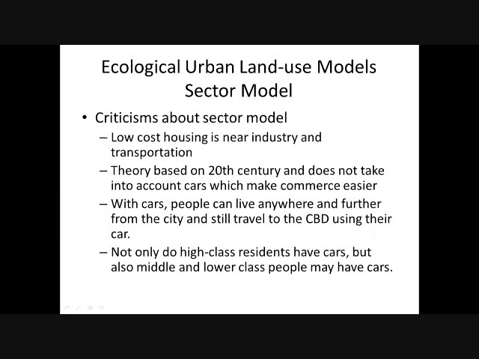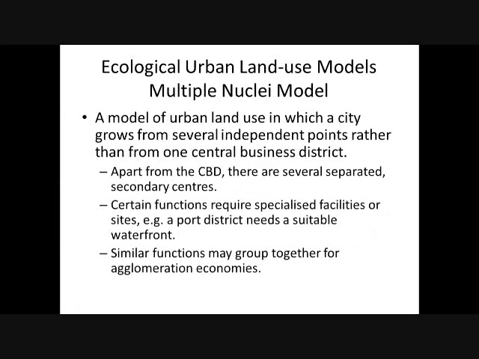Another model is the multi-nuclei model. So instead of having one center for the city, we have several centers. They can create a hierarchy. And they can distribute the density and the need for the central business district to different parts. So it is a model of urban land use in which a city grows from several independent points rather than from one central business district.